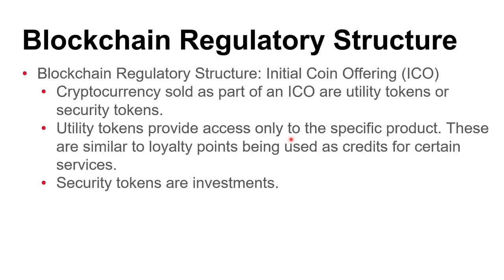There are two types of tokens that can be offered in an ICO. An ICO is where you tokenize some assets in your business and then you sell those as tokens or as coins to backers.